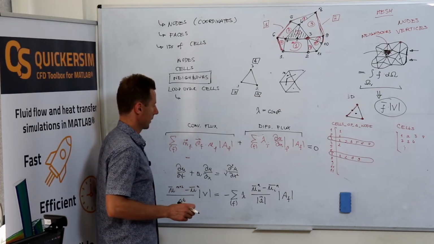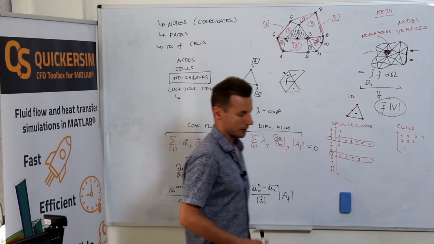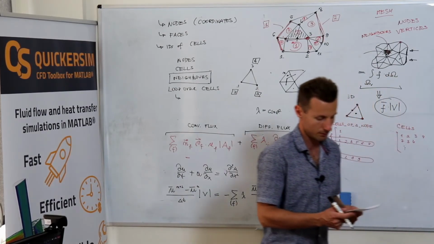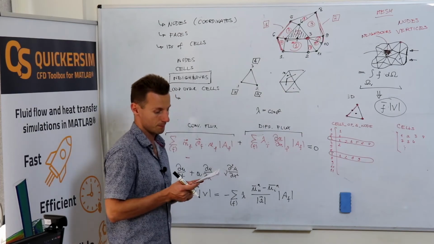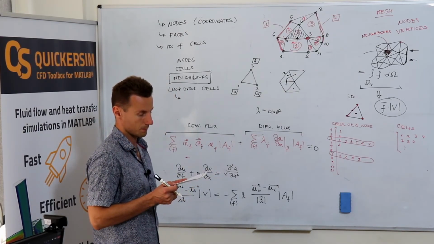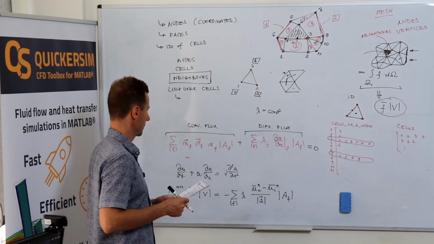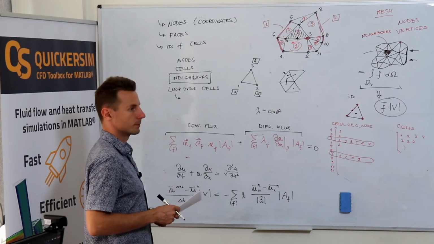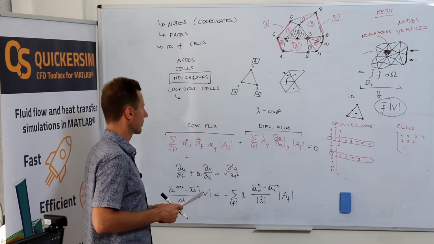No wonder. Can you think of the upwind scheme for the finite volume method explicitly? Well, just instead of writing the value at the face, like the average value at the face, you take the average value of the upwind cell. Exactly.